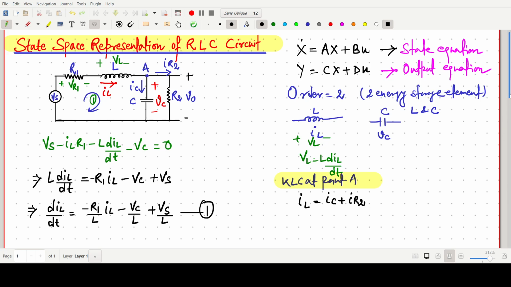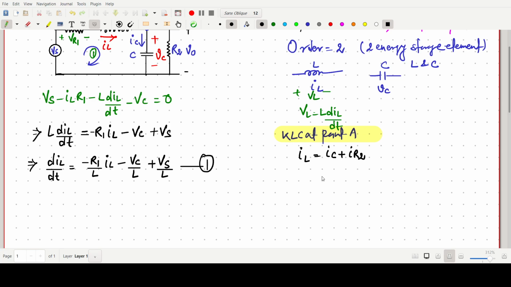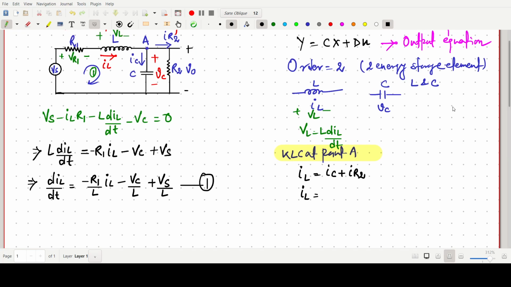IL is a state variable, so no need to disturb it. We write it as it is, IL. And IC is the current across the capacitor. This voltage is VC, so we write C dVc by dt.